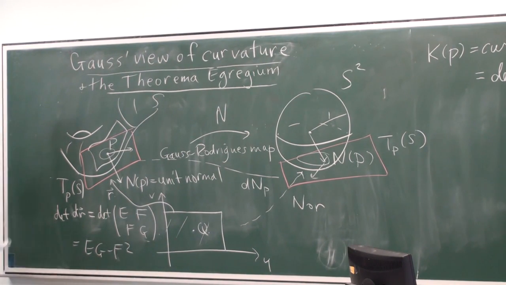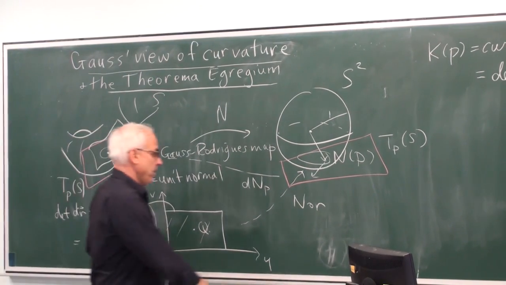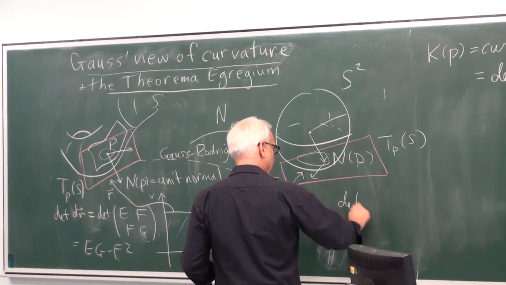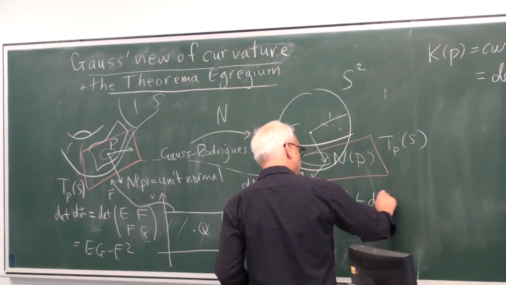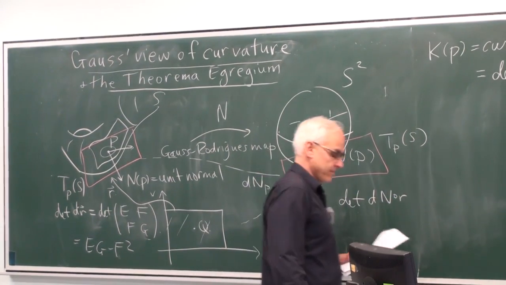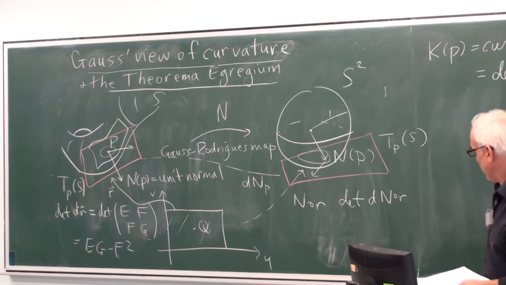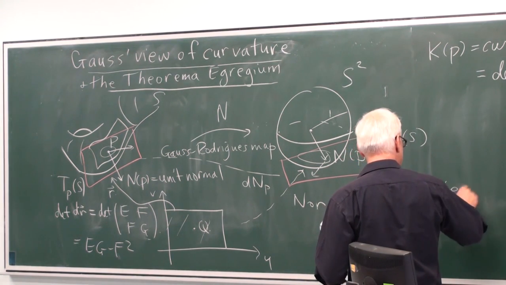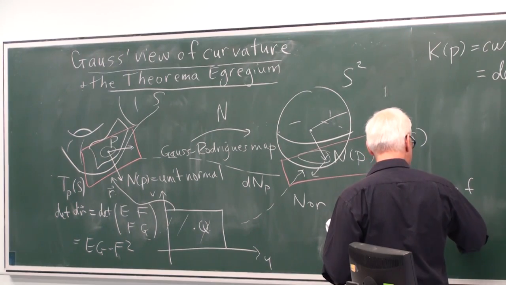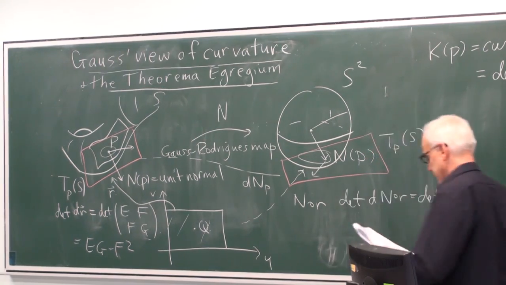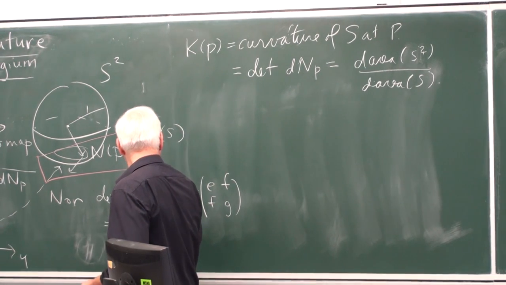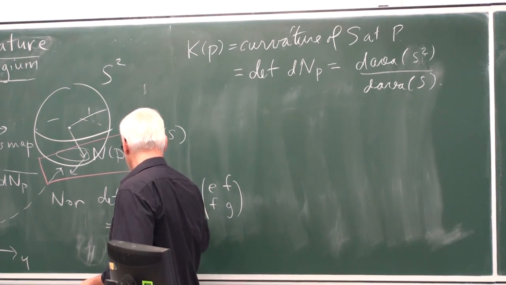And this determinant over here, the determinant of the derivative of n composed with r, is also a determinant of another 2 by 2 matrix, often denoted little e, f, f, g. So that becomes eg minus f squared.